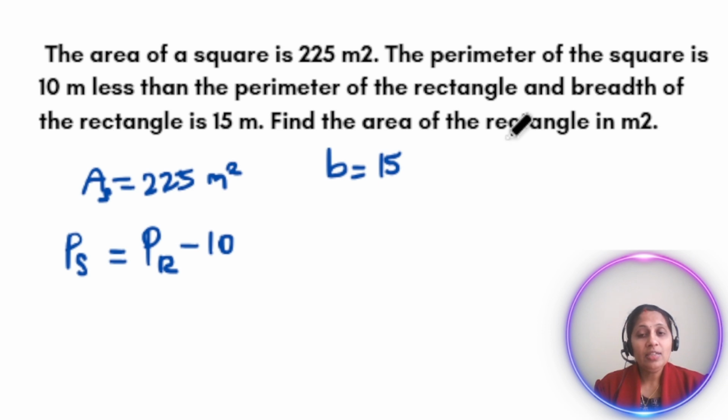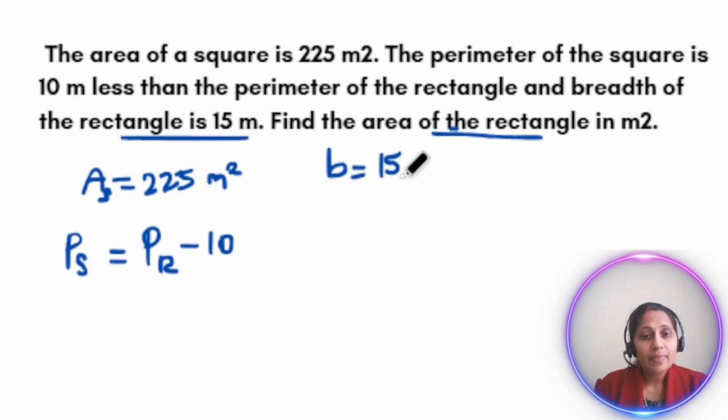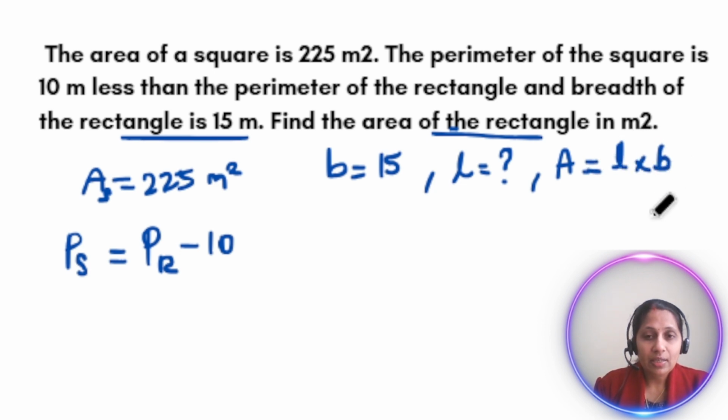In order to find the area of the rectangle, you need the length and the breadth. But in the question, we are given only the breadth. So you need to find the length. Once you get the length, then you can find the area, which is nothing but L into B. Right? Now, here is our hint.